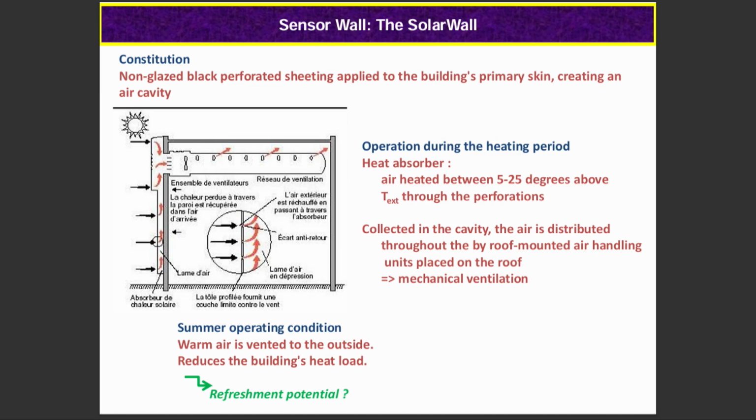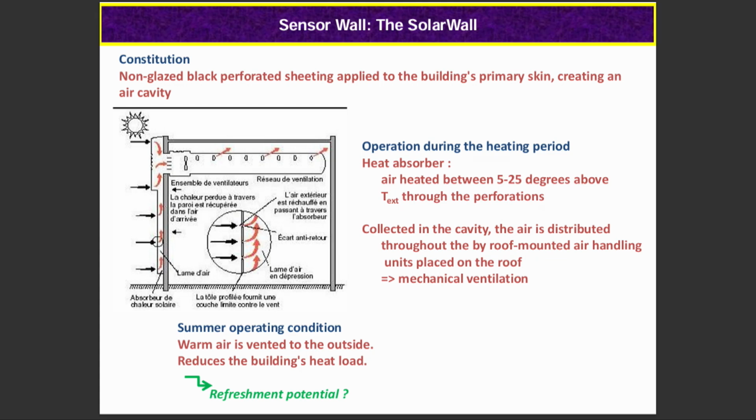And so the air is going inside the air gap all along the facade. And so it is heated, and this air is then injected in the building, okay? Of course, you have to add some filter. So it's a solar wall that has been developed by the company Solar Wall, which is a Canadian company.